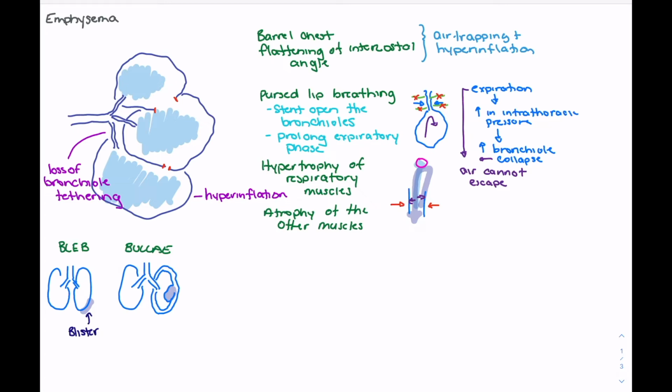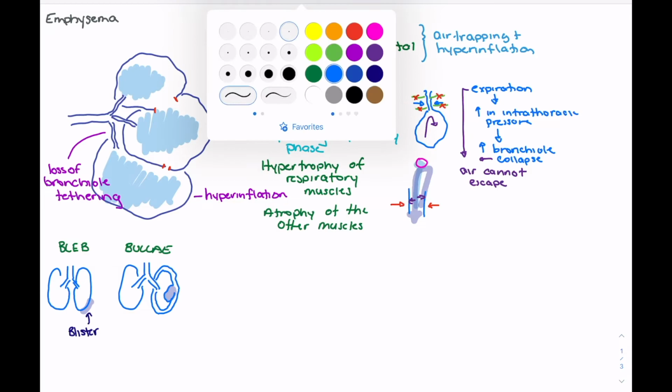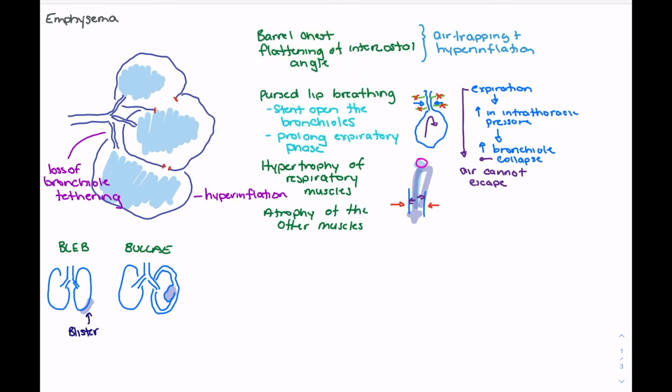In either case, the problem associated with these air pockets forming is that the alveoli are losing their integrity. And as those alveoli lose their integrity, that patient is going to be at high risk of rupture. So what can happen for these patients is eventually we can see rupture or barotrauma.